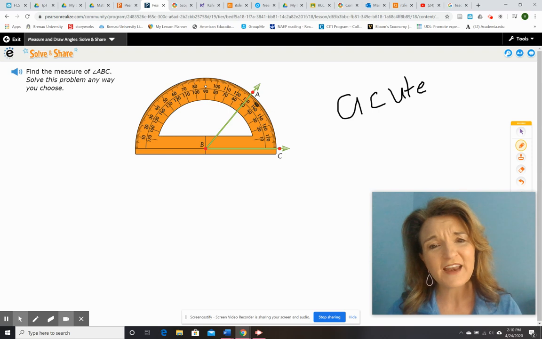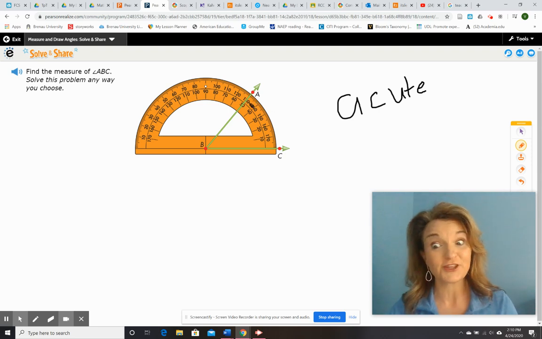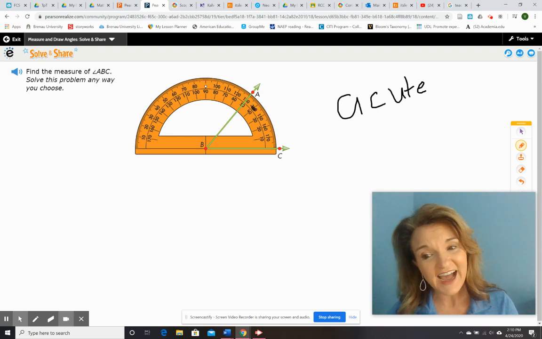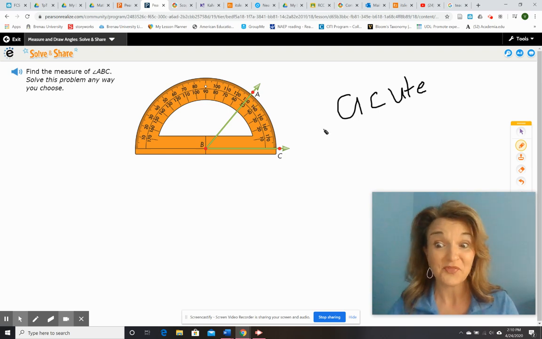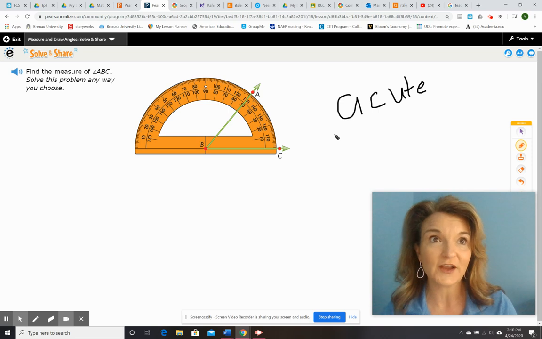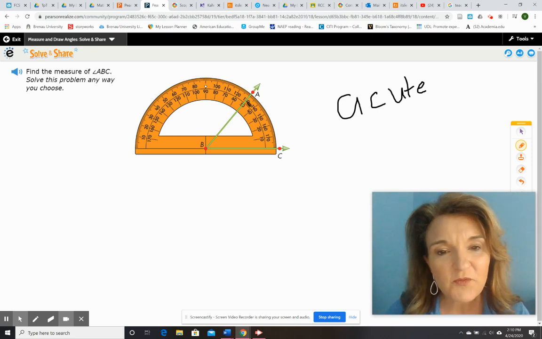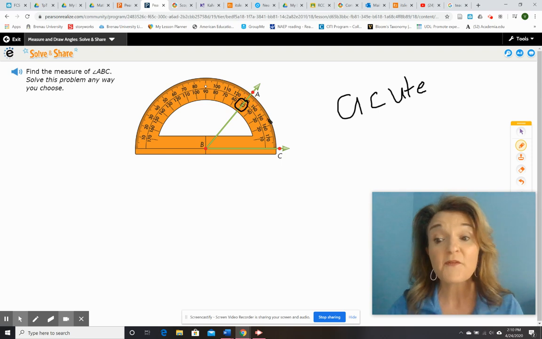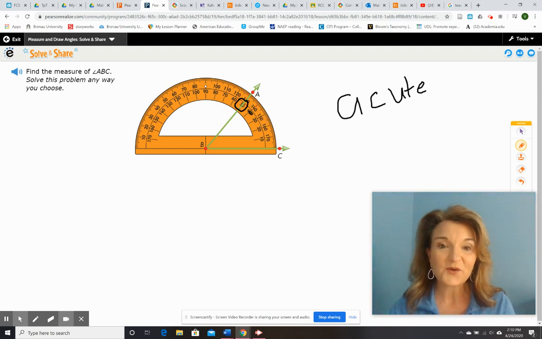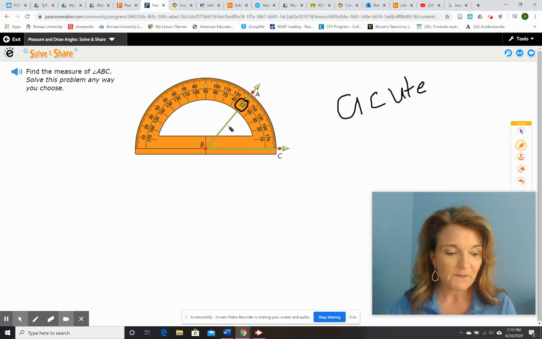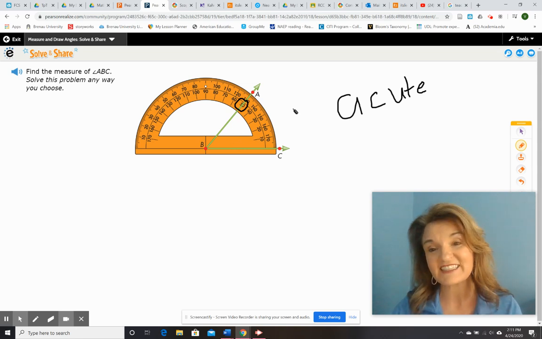I know that it would not be reasonable to use a measurement of 130 degrees, because 130 degrees is greater than 90. It would be more reasonable to use the inner circle, which is right here, which is 50 degrees. So the measurement between the two rays would be 50 degrees, because it's an acute angle.